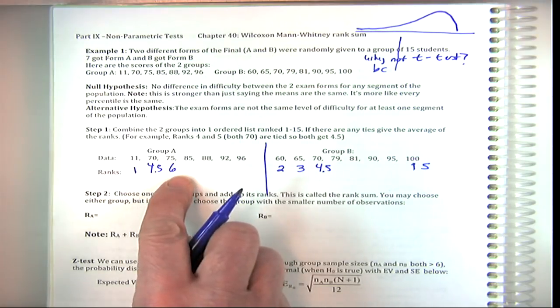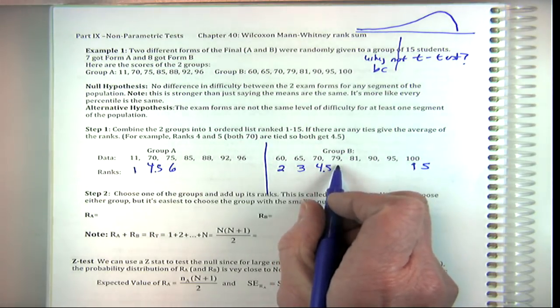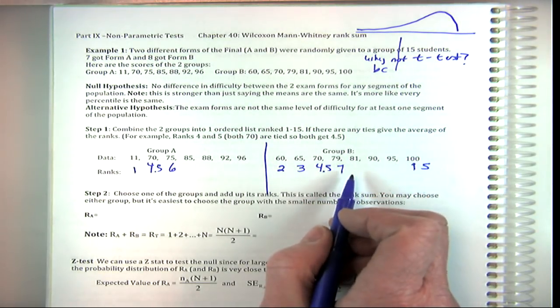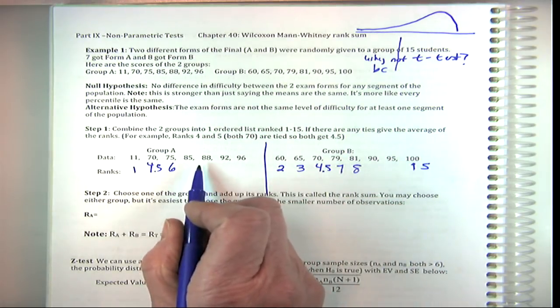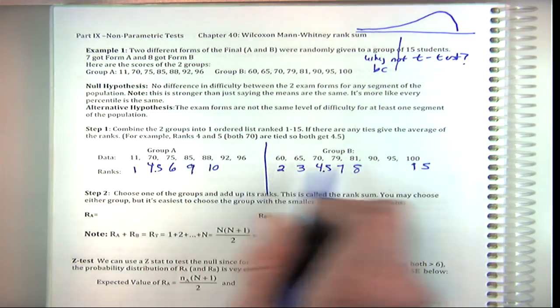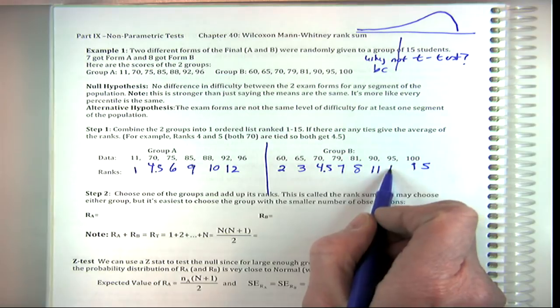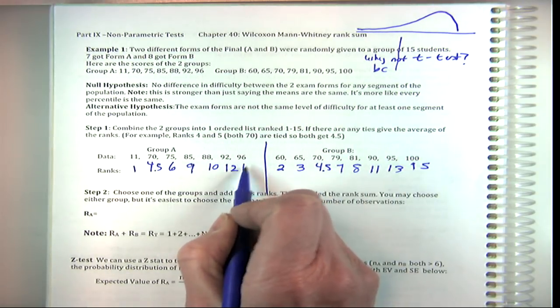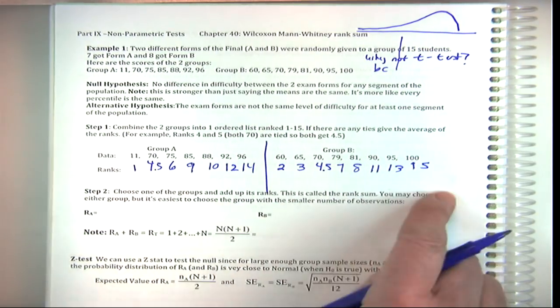So be very careful you don't give that one a 5. Now 7 will be the next one, which is right here. What comes next is 8, and this one is 9, 10, 11, 12, 13, and 14. Okay, so those are our ranks.